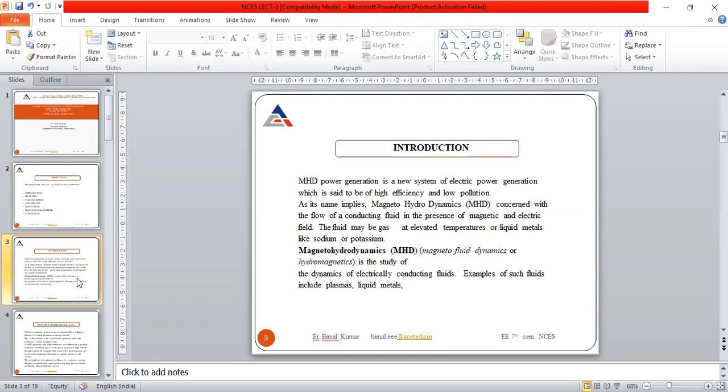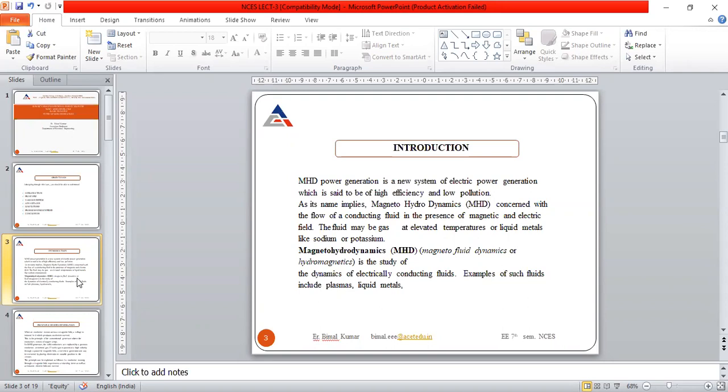The flow of the conducting fluid in the presence of magnetic and electrical field, because that conducting fluid will pass through the place where the electromagnetic field is present, right? The fluid may be gas at elevated temperature or liquid metal like sodium or potassium, right?